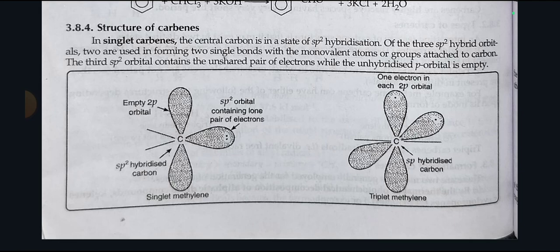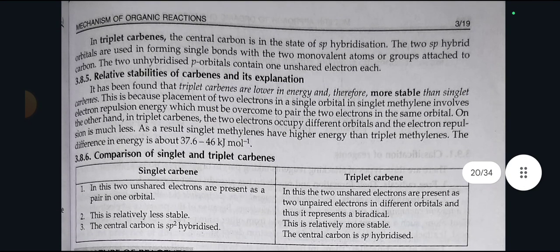Of the three sp2 hybrid orbitals, two are used in the formation of two single bonds with the monovalent atoms or groups attached to carbon. The third sp2 orbital contains the unshared pair of electrons, while the unhybridized p orbital is empty.